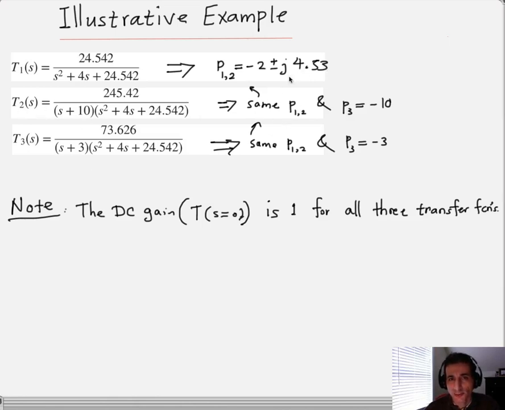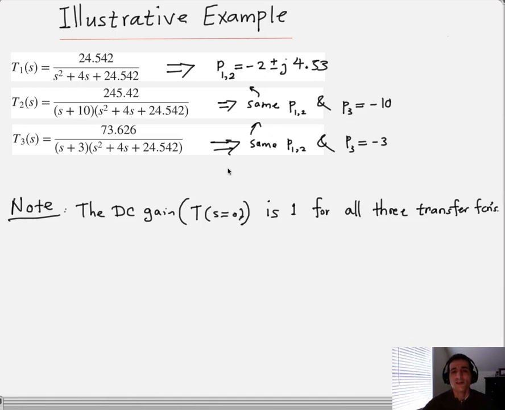T2 and T3 share the same 2 poles, but T2 has 1 extra pole at -10, and T3 has an extra pole located at -3. Now you see that the gains in the numerator are different, and the reason is that we want to normalize the response, meaning that we want the step response to eventually reach the same steady state point.